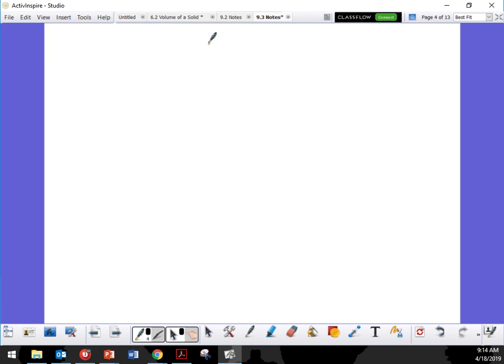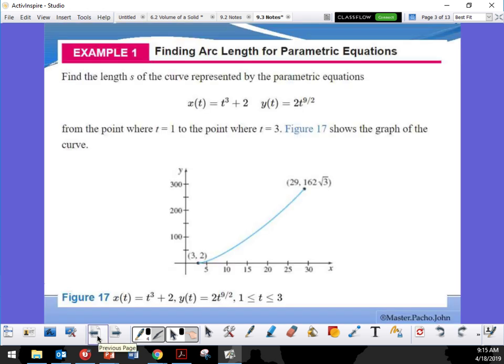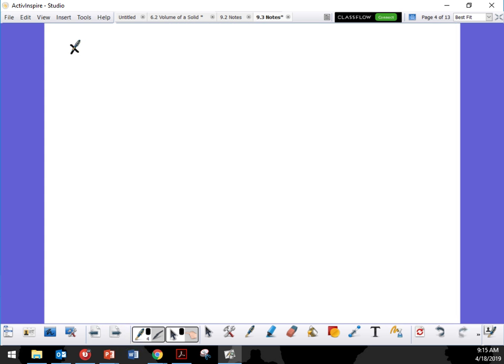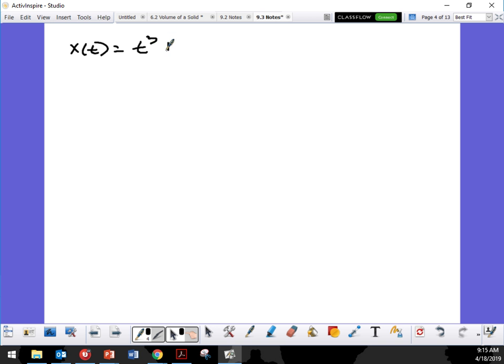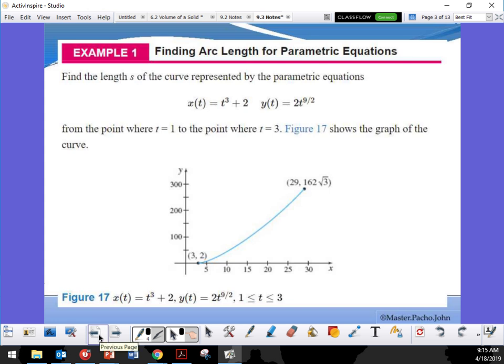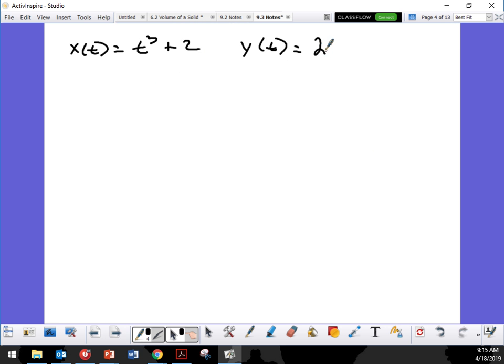So x of t is t cubed plus 2, and y of t is 2t to the 9 halves.